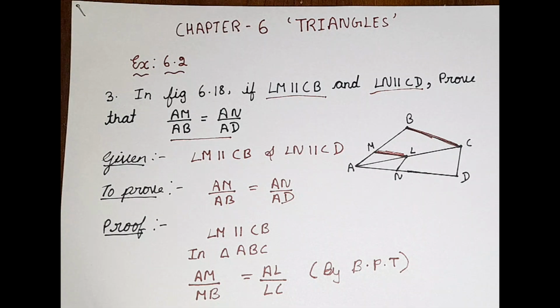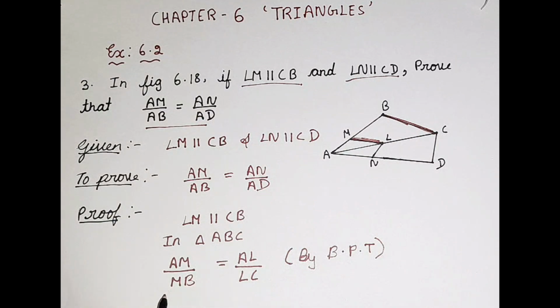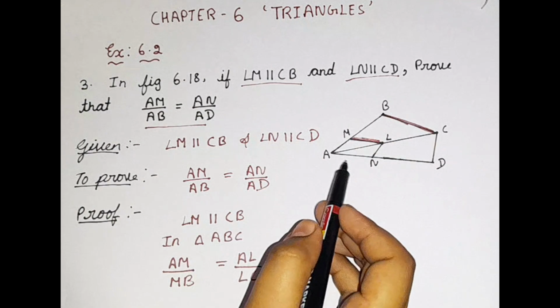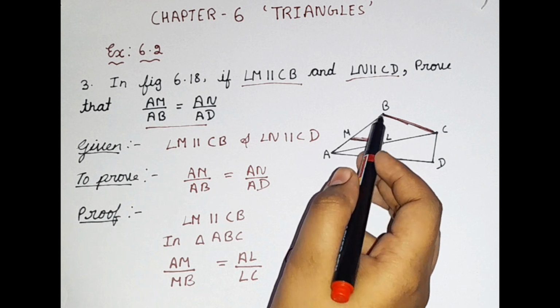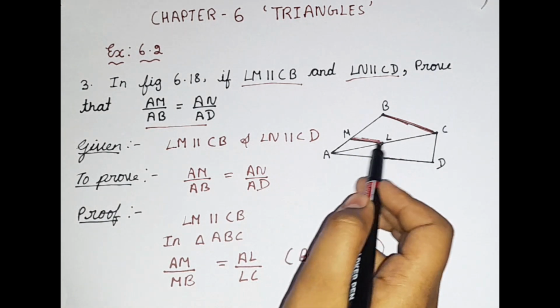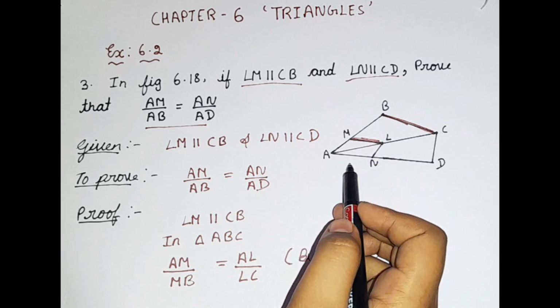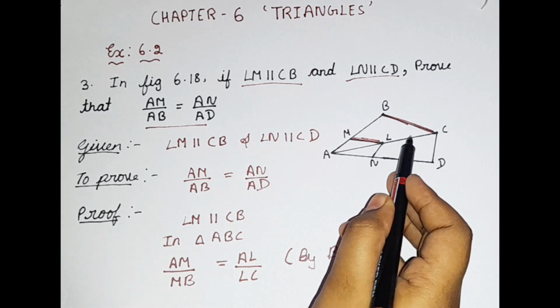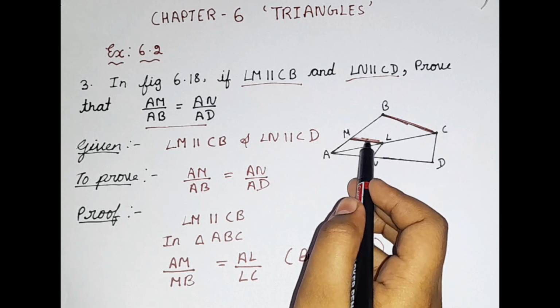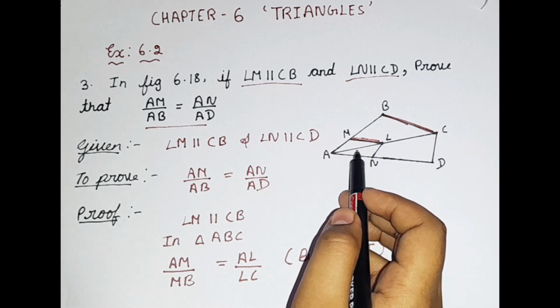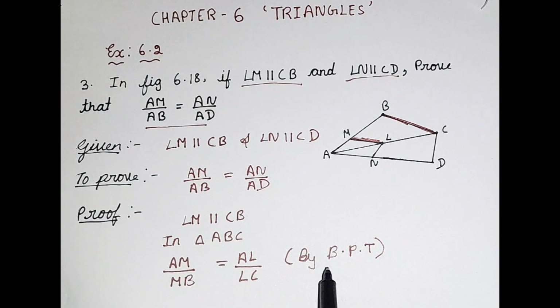Now where is this AM by MB? AM is right over here and MB is here. I am just using this triangle, triangle ABC. So AM is here, MB is here, AL is here and LC is here. I wrote it because of the basic proportionality theorem, which we just applied here. In BPT we proved something like this only.